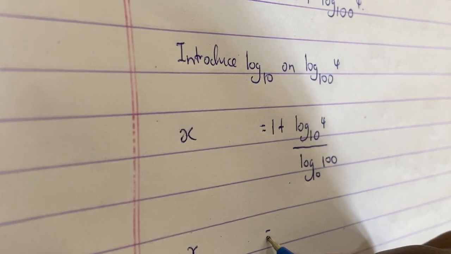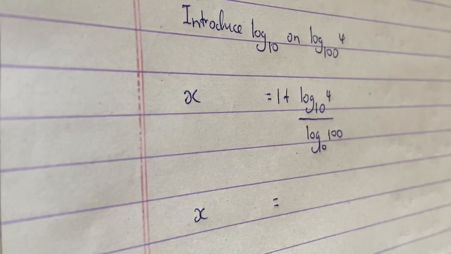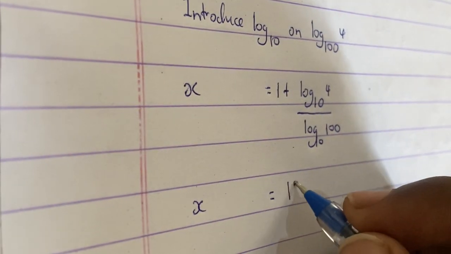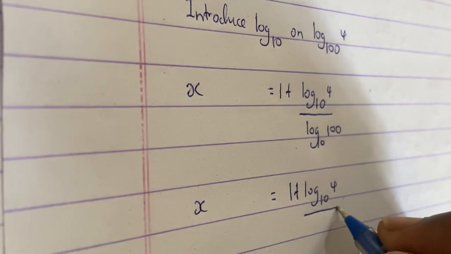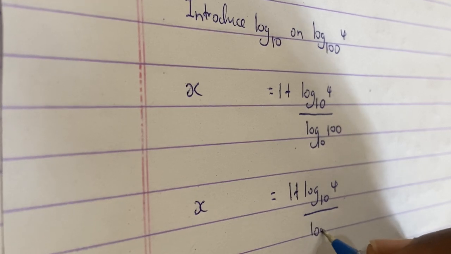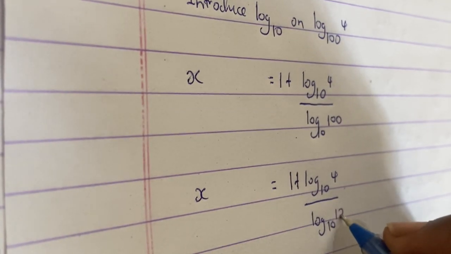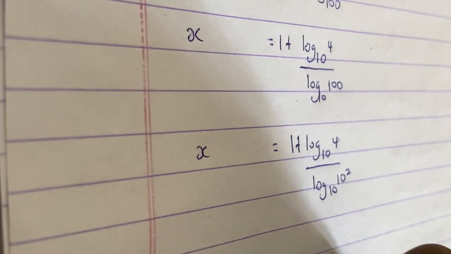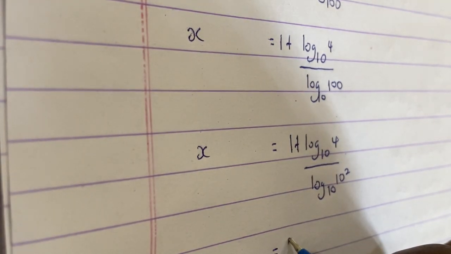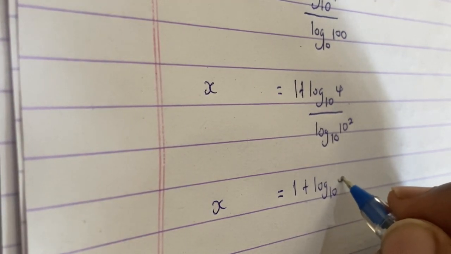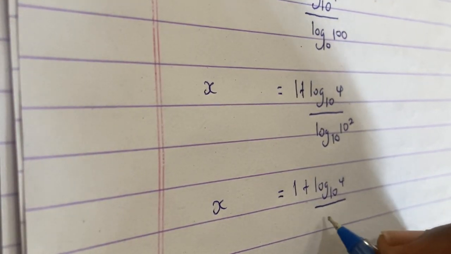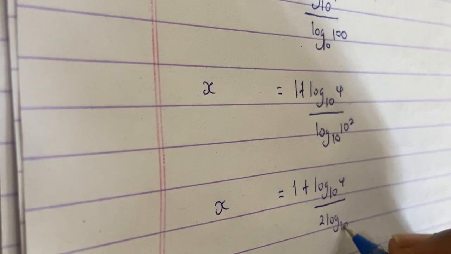So x is going to be equal to 1 plus log 10 of 4 over log 10 of 10 squared. So x is going to be the same as 1 plus log 10 of 4 over 2 log 10.